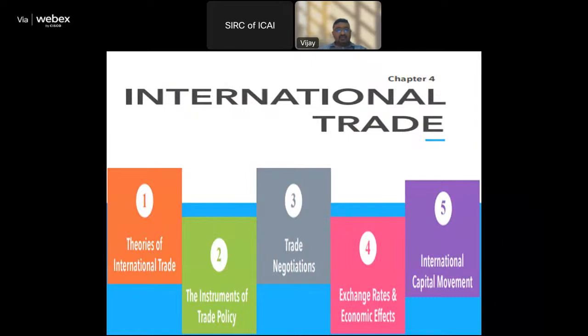Now again, in the 3-sector model, the objective is to equate the exports with imports in order to attain balance of trade equilibrium. That is the objective of every nation, to balance between imports and exports.